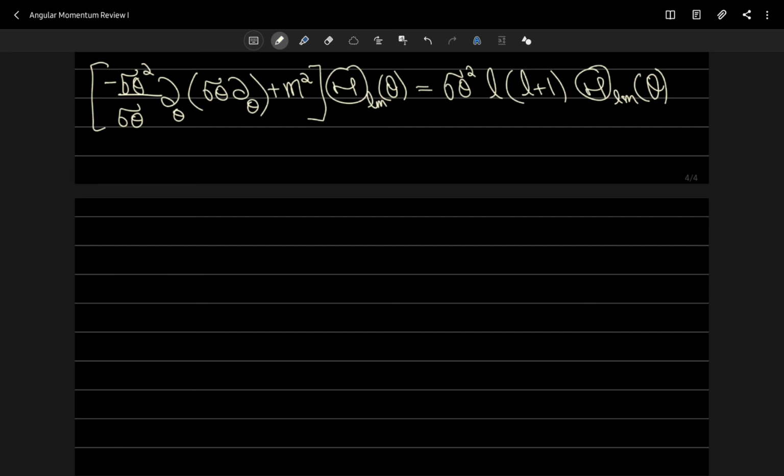We rearrange the terms, and what we get is sine theta times, now the dependence on phi is completely gone, so we just have the dependence on theta. So instead of using the partial derivative, we'll just use the total derivative. That's d theta, the derivative with respect to theta.